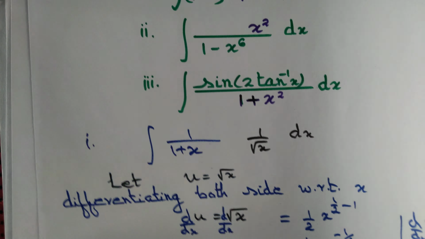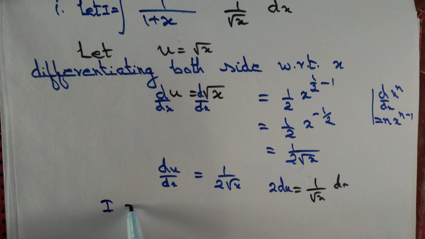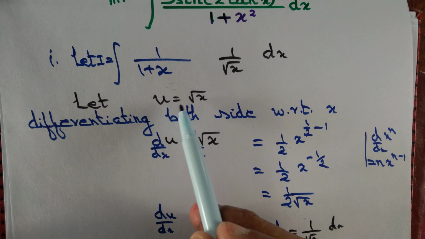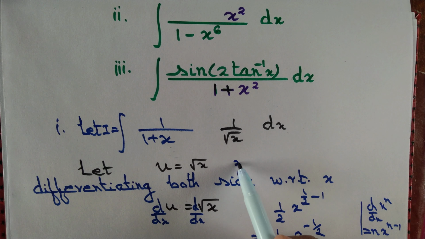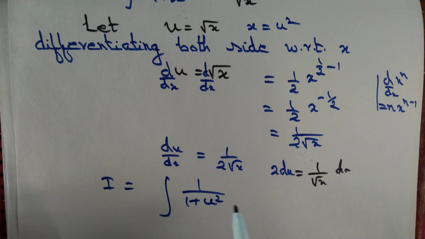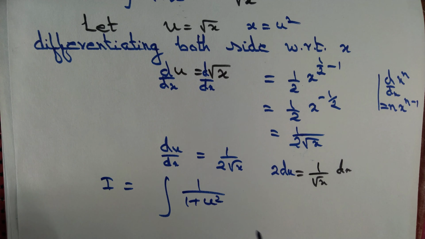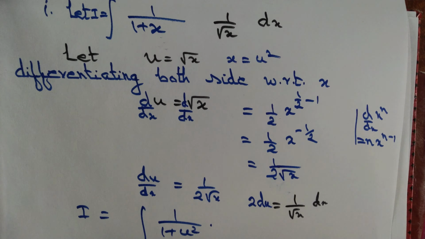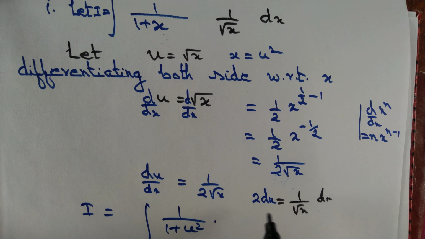Let I equal to this integral, and so I equal to integral of 1 by 1 plus, since u equal to root x, we can say that x equal to u square. So 1 by 1 plus u square. So we got everything in terms of u, and then 1 by root x dx can simply be written as 2 du.